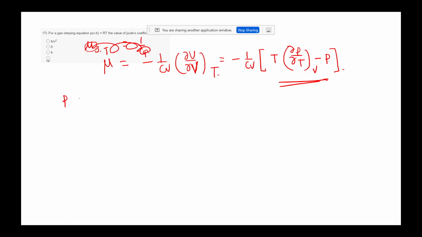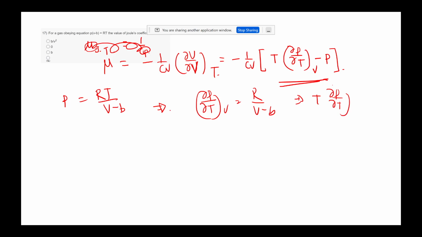Then P will be RT by V minus B. So del P del T at V will be R by V minus B, and into T minus P, so T dP dT at constant V will be RT by V minus B, which is P. So P minus P is 0.